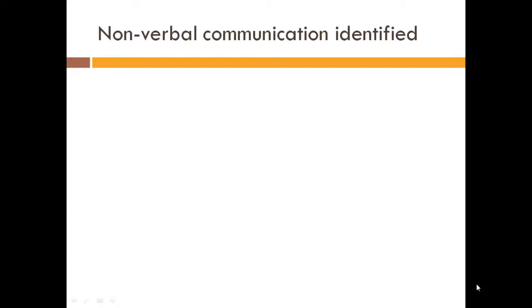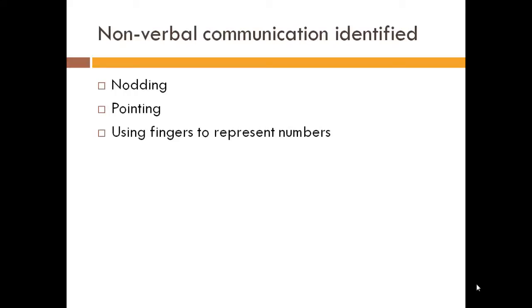Nonverbal communication identified. We have the following: nodding, pointing, using fingers to represent numbers, and eye contact. These 4 nonverbal communication types were the most common ones and were found in both of the videos. We have other examples that can be found in either the first one or the second one.